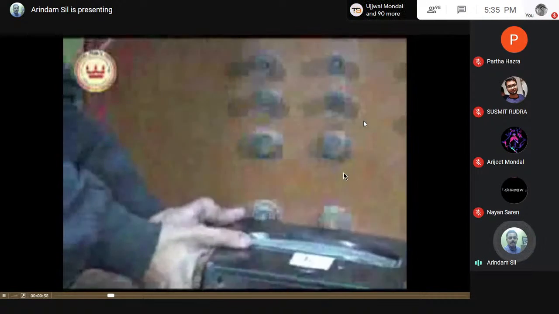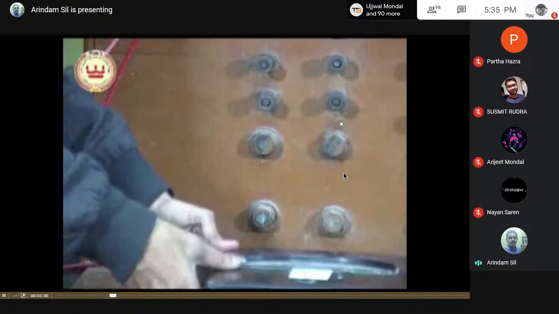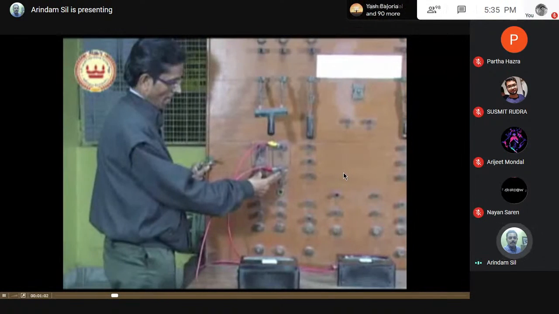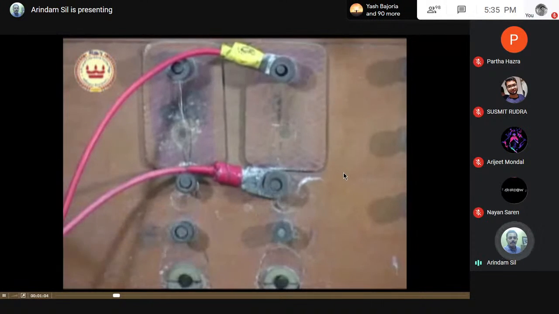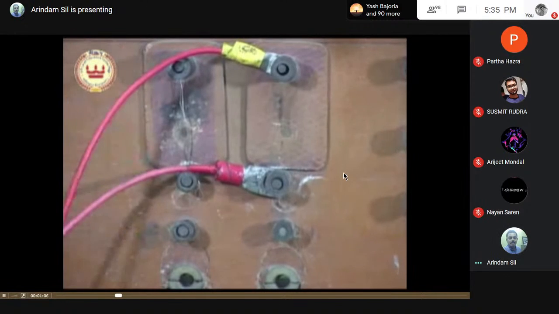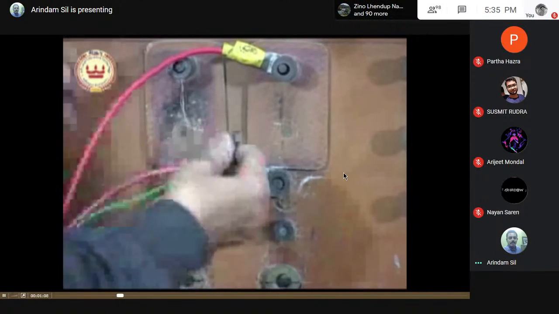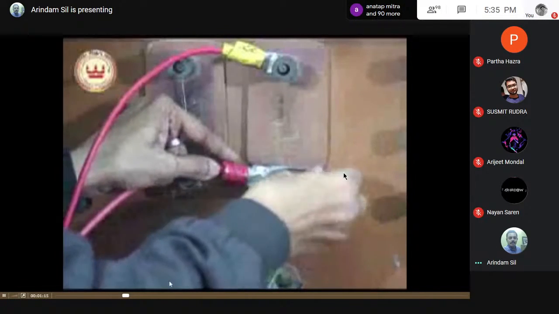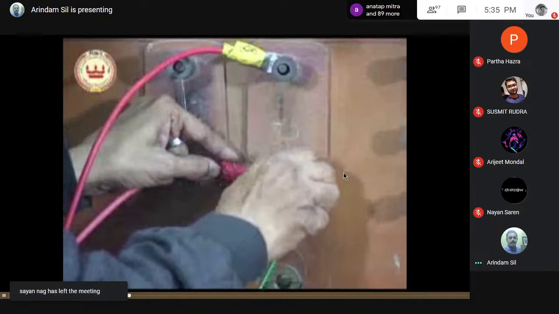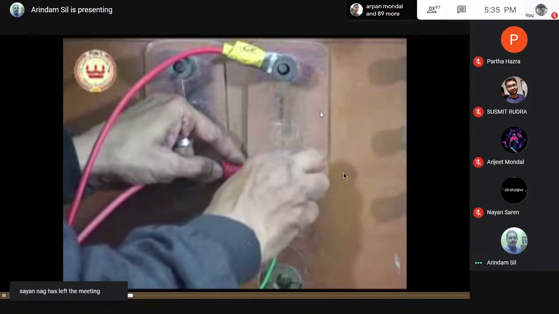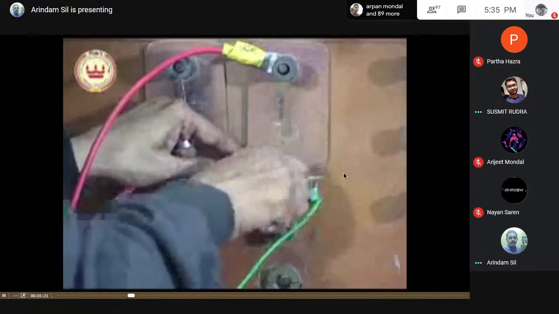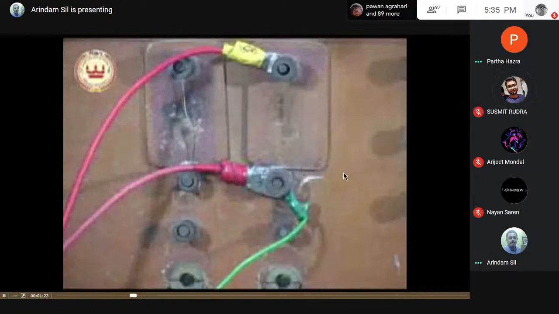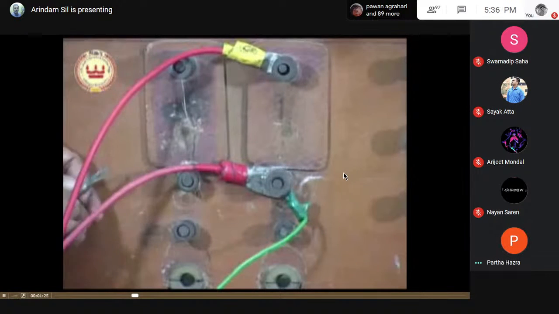Actually, it will be around 5 ampere and 10 ampere, because we talked about keeping the current within 5 to 10 ampere, right? Do you understand? Are you able to follow?